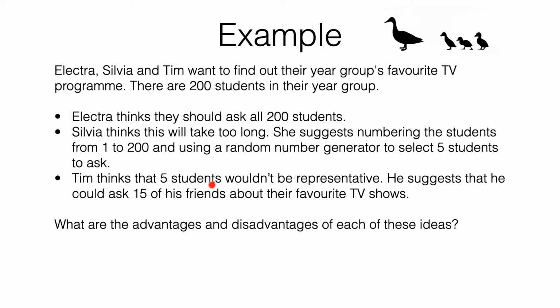Tim thinks that 5 students wouldn't be representative. He suggests that he could ask 15 of his friends about their favourite TV shows. And the question we need to look at is, what are the advantages and disadvantages of each of these ideas?